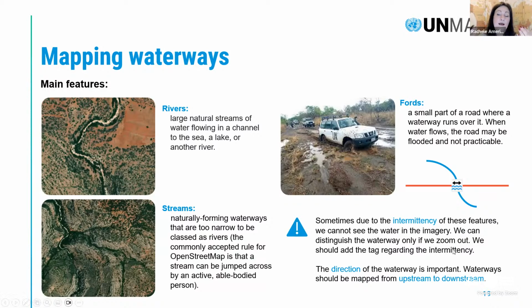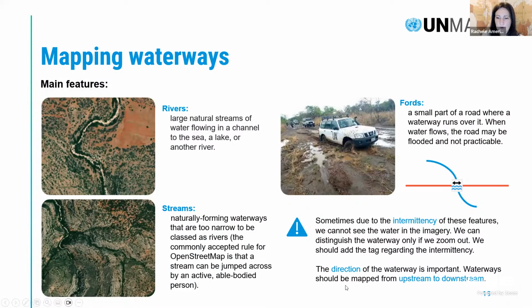How can we understand it? We should zoom out, but we will see it now, how to zoom out and how to see if we have a waterway or not.